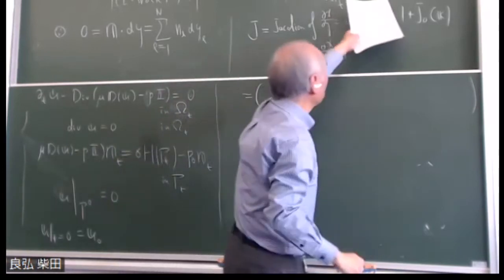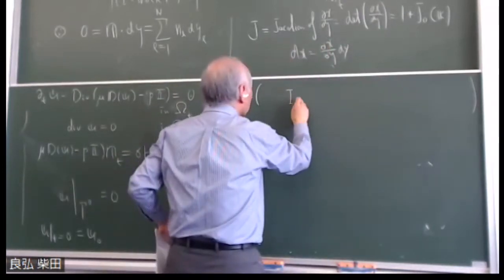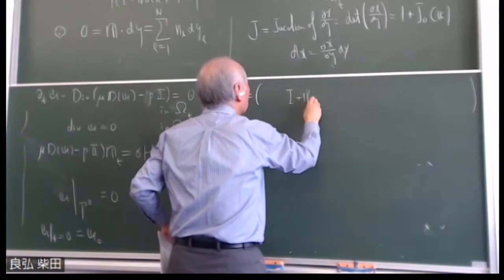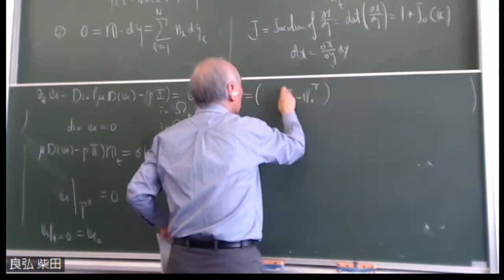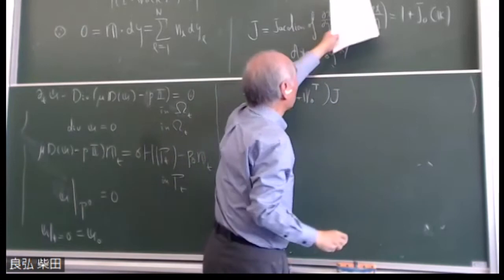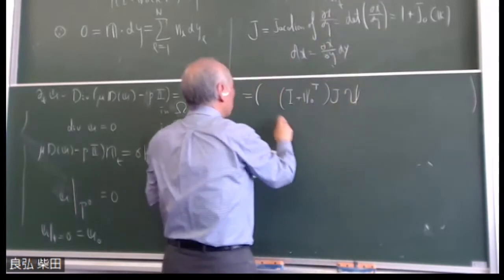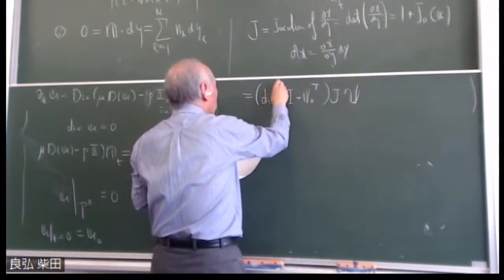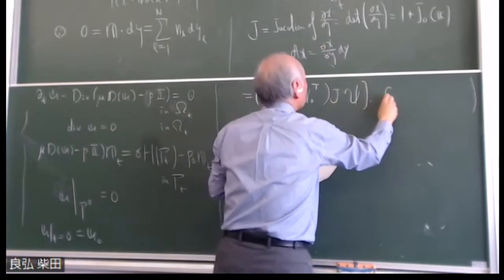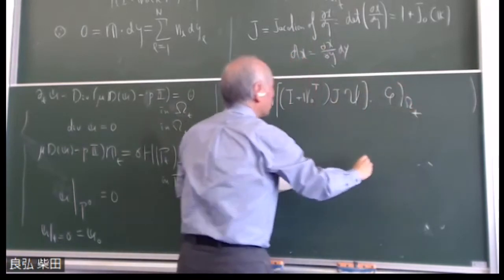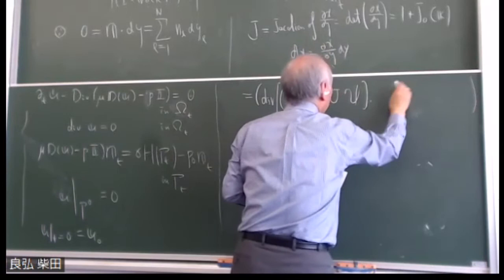So this is a matrix, so I plus b0 transpose. J is a scalar. The b has a divergence of this, psi on omega t. Sorry, still phi.